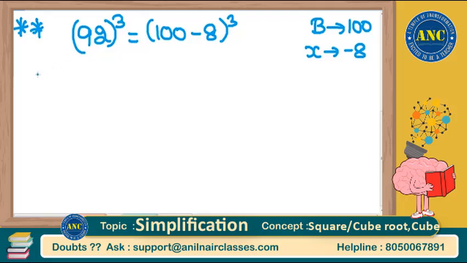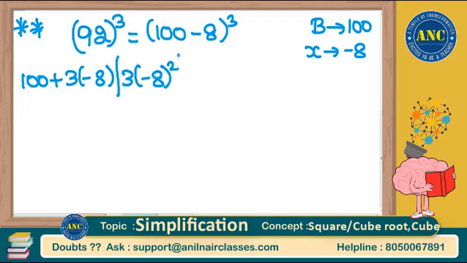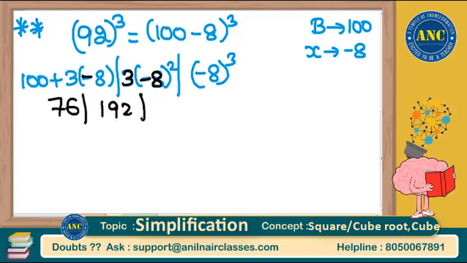Now, b plus 3x, that is 100 plus 3 into minus 8, slash 3x square, 3 into minus 8 whole square, slash x cube, minus 8 whole cube. Simplify further. 100 minus 24 is 76, minus 8 whole square is 64. 64 into 3 is 192, minus 8 whole cube is minus 512, right?